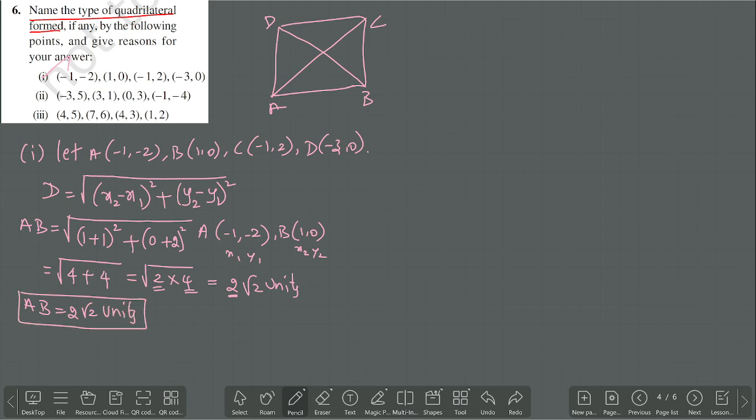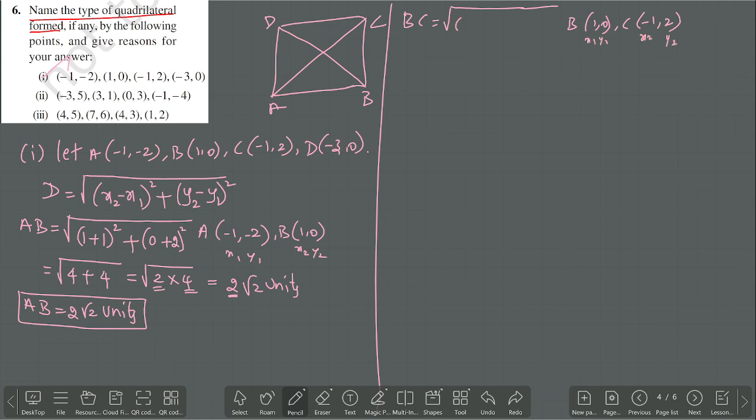Let me check all the remaining ones. Next I am going to BC. BC is the square root of B point (1, 0) and C point (-1, 2). First point is x1, y1, second point is x2, y2.